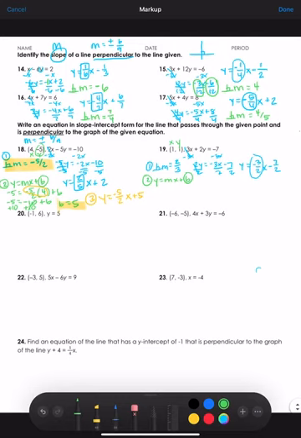So y is 1 equals m is 2/3, x is 1 plus b. Anything times 1 is itself, so I'm going to get 1 equals 2/3 plus b. I'm going to subtract 2/3 from both sides. At this point, you can use a calculator if you want. I don't have one with me. So I'm just going to know that 1 is the same as 3 over 3.